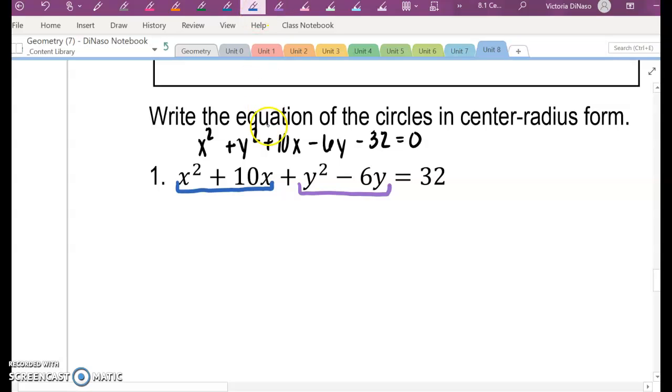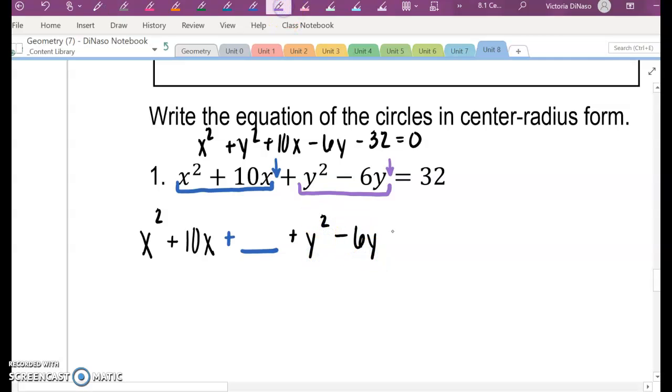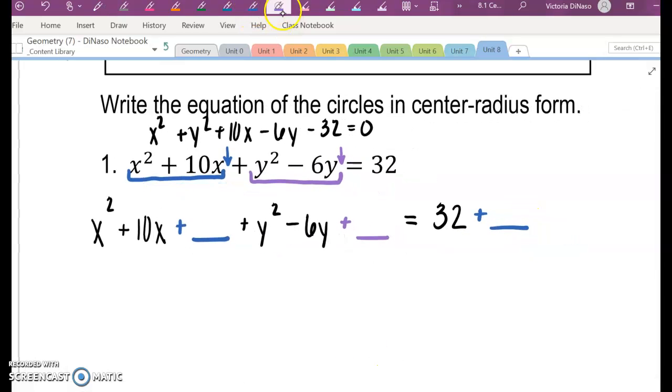So what we're going to do for this problem is input a blank right here, and input a blank right here. If I have two blanks on the left, you're going to need two blanks on the right. So I'm going to rewrite this so that we have x squared plus 10x, plus a blank, and then y squared minus 6y, plus a blank, equals that 32 that's already on the right, and then you're going to need a blank for the x's when you complete the square for x, and a blank for the y when you complete the square on the y.